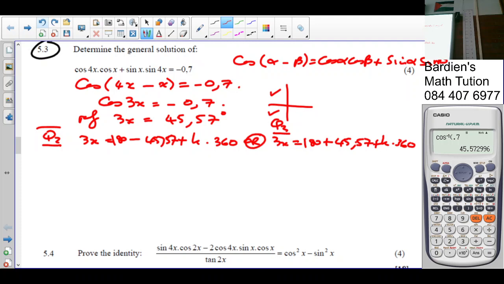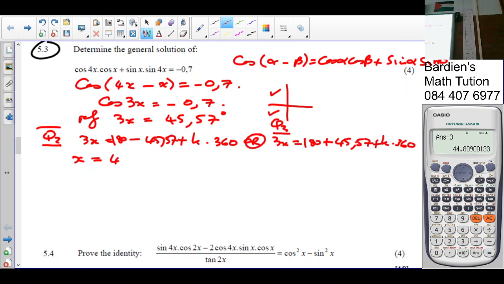So what we do is we say 180 minus 45,57 and then divide it by 3 throughout. So it's 180 minus that answer divided by 3 gives you 44,81. Okay?